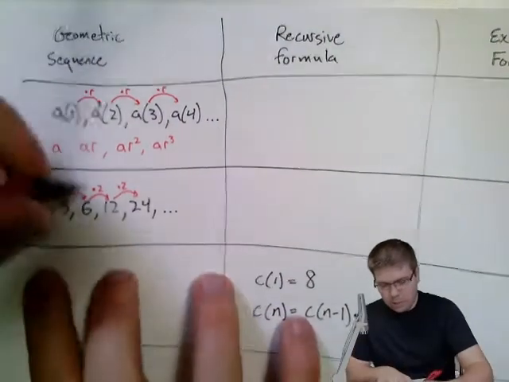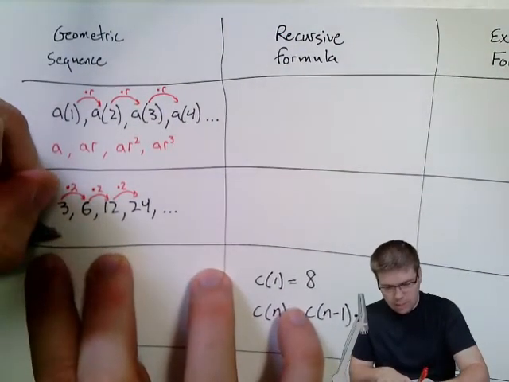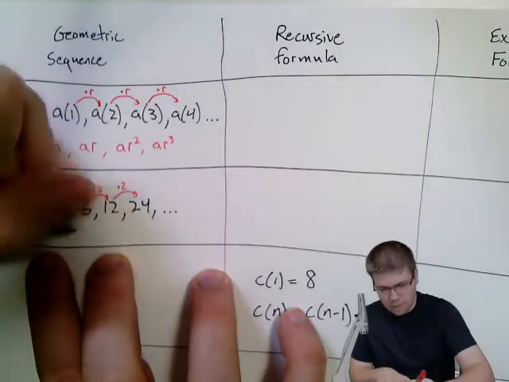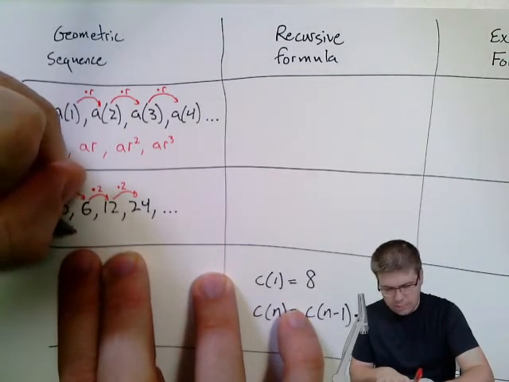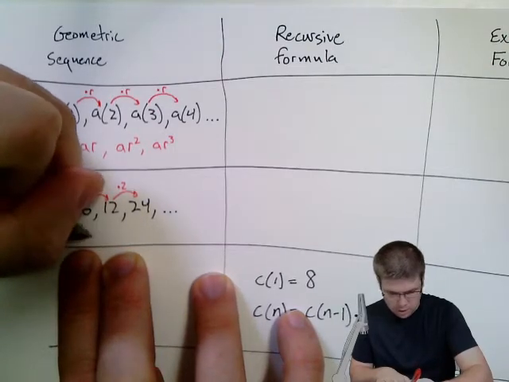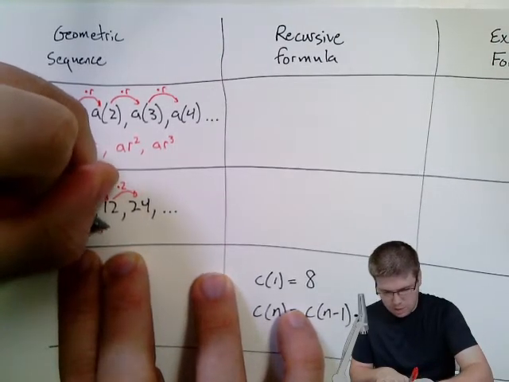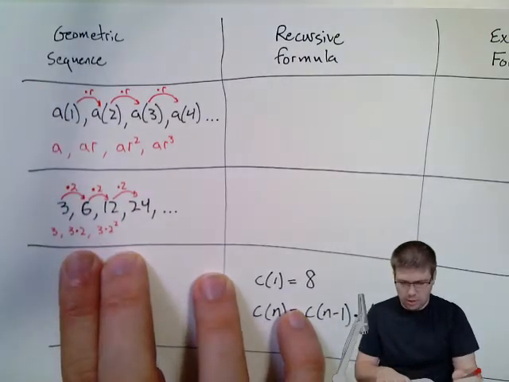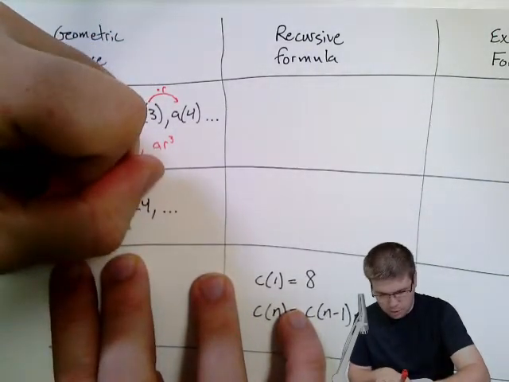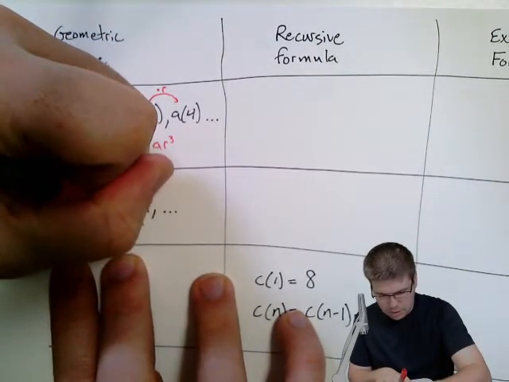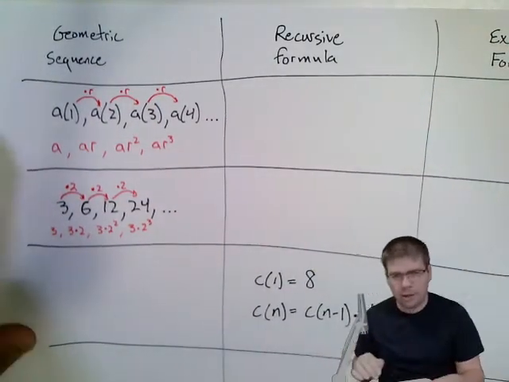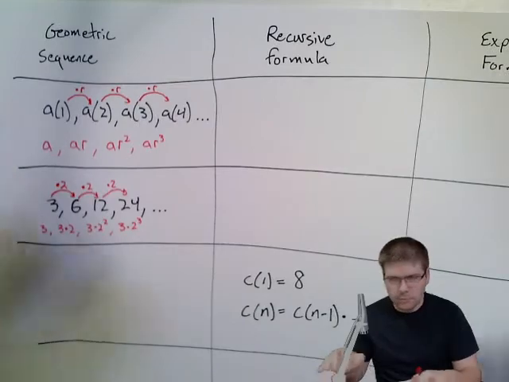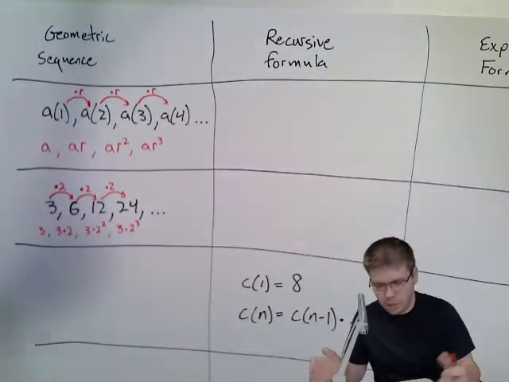We could think of this as 3, and not times any 2's. My second term was 3 times 2, and my third term was 3 times 2 times 2, which is 2 squared. And my fourth term was 3 times 2 cubed, and that'll come back in our explicit formula. All right, so that's the geometric pattern.